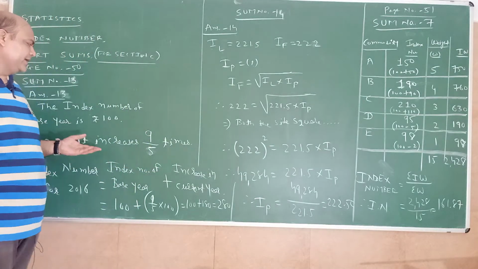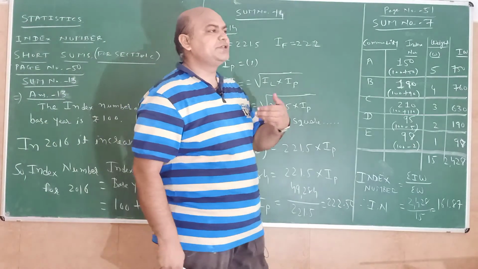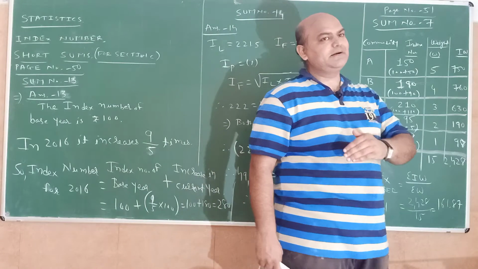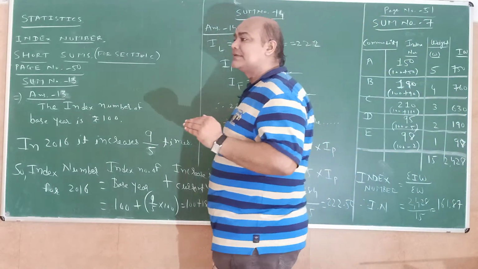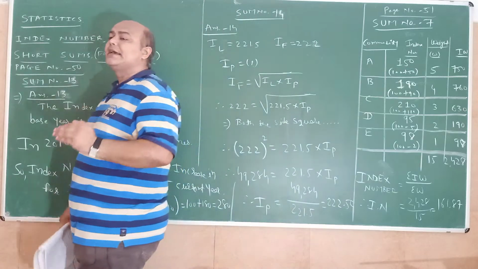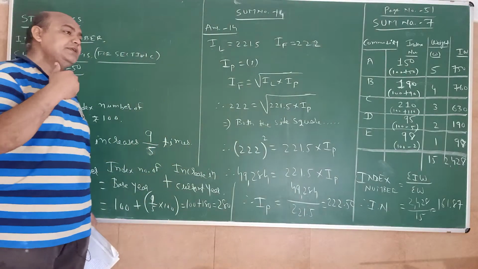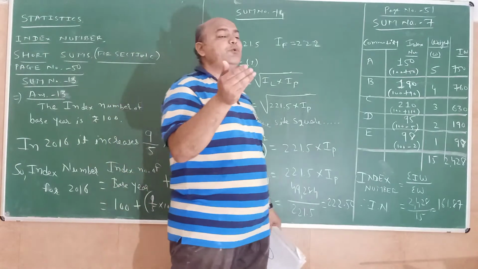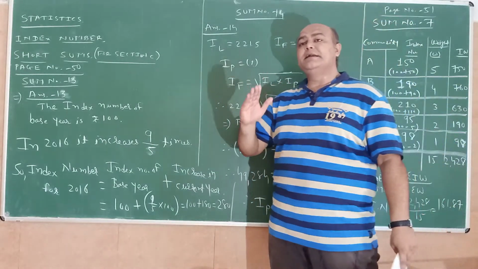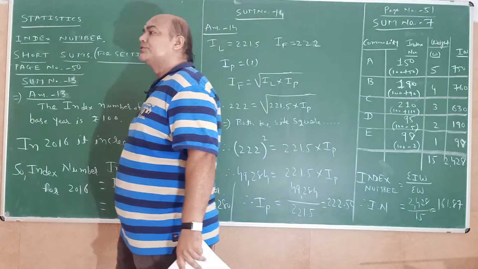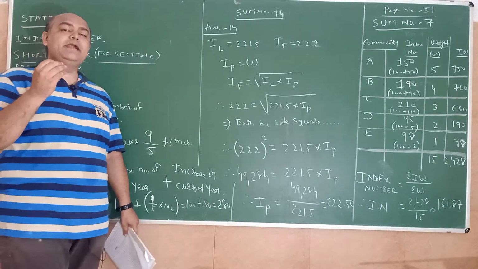So in this way, when only one aspect is given, that this much times increase, or this much percentage increase, this much percentage decrease, then we should consider the base year index number as 100. If percentage increase is there, then add into 100. If percentage decrease is there, then deduct from 100. Suppose it increases by 10%, then the index number is 110.